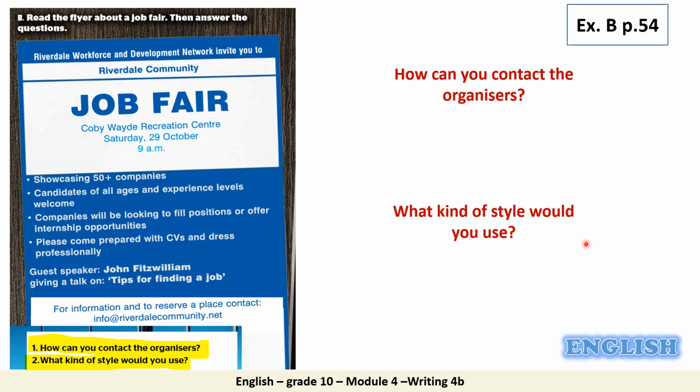The answer for the first question is via email, through email, and the evidence is right over here. They placed their email, so you will be able to contact them through it. Now, what kind of style would you use? Of course, we need to use formal style. Well done, everyone.